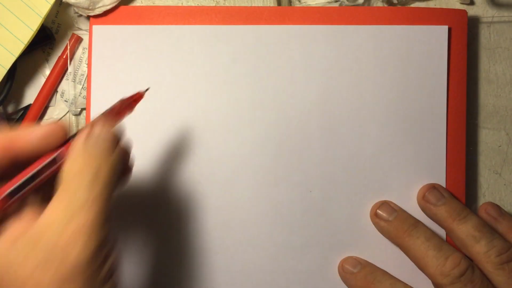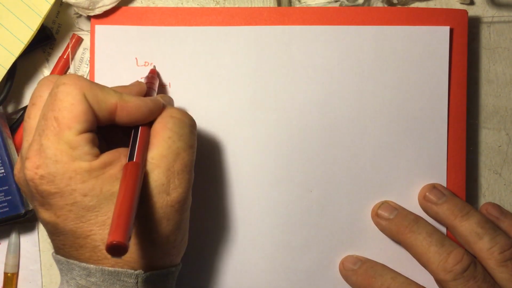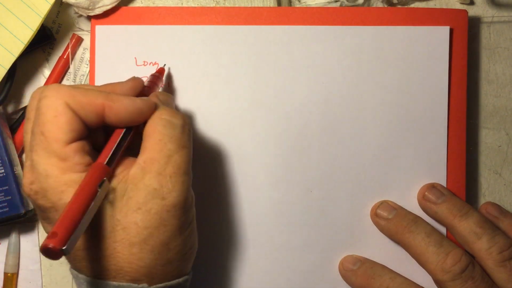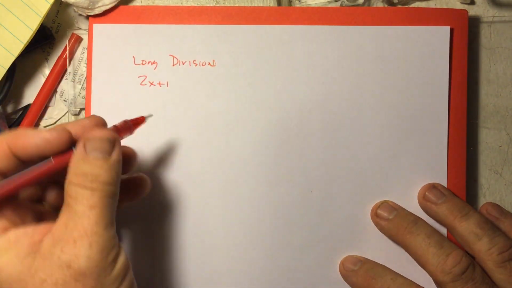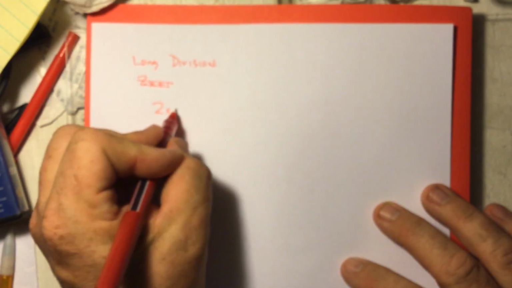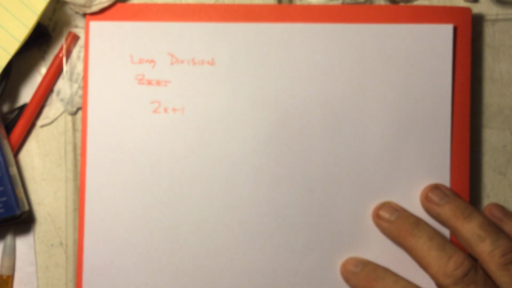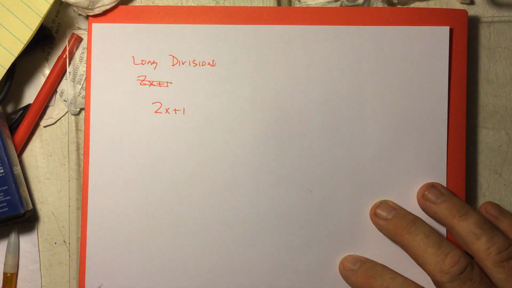Now, if we go a little farther and we go 2x plus 1, we'll do a long division problem. 2x plus 1. If we do a long division, let me write that a little lower. 2x plus 1. Let's clean that one up. Let's see, there we go. 2x plus 1.